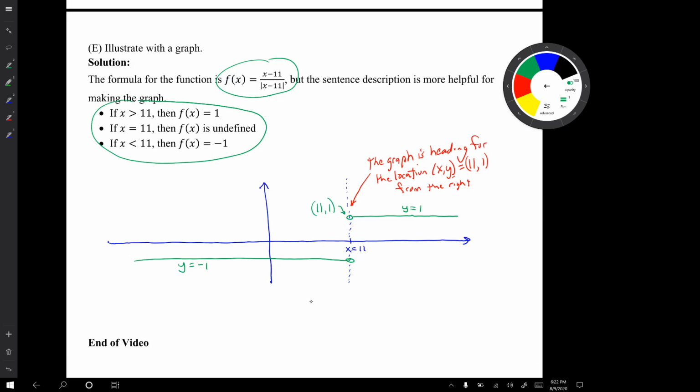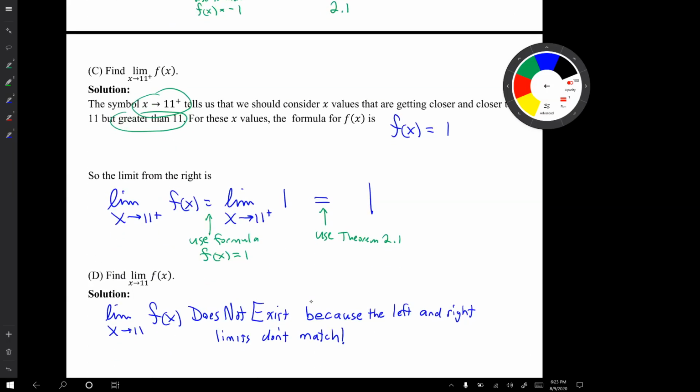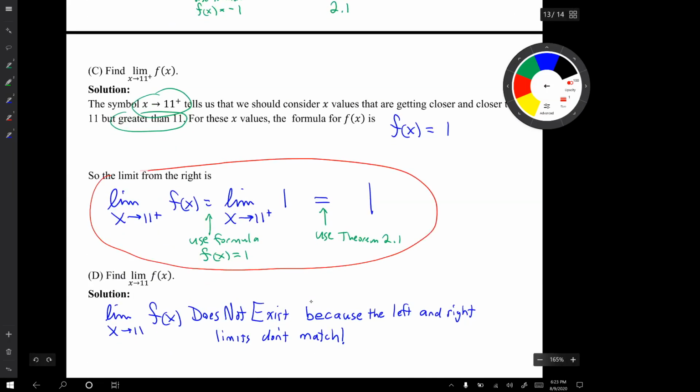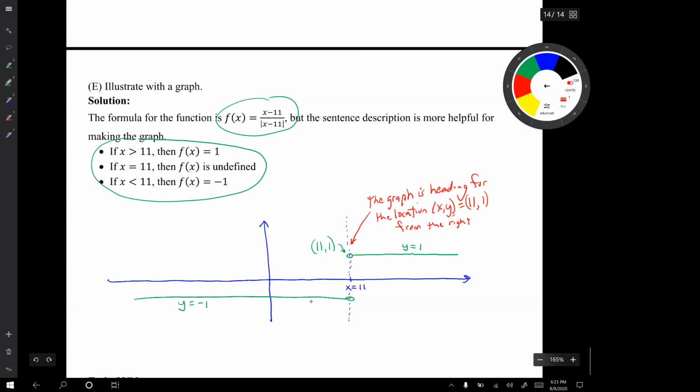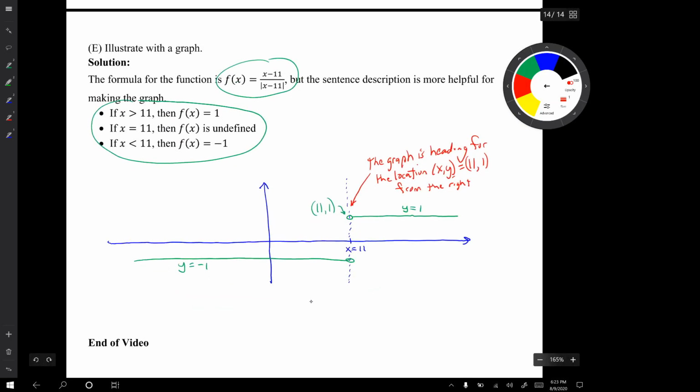So the graph is heading for the location xy equals 11, 1 from the right. That's the sentence description that corresponds to this limit sentence. Notice I said location, not point. There's no point at 11, 1. Now, the graph is heading for the location xy equals 11, -1 from the left.